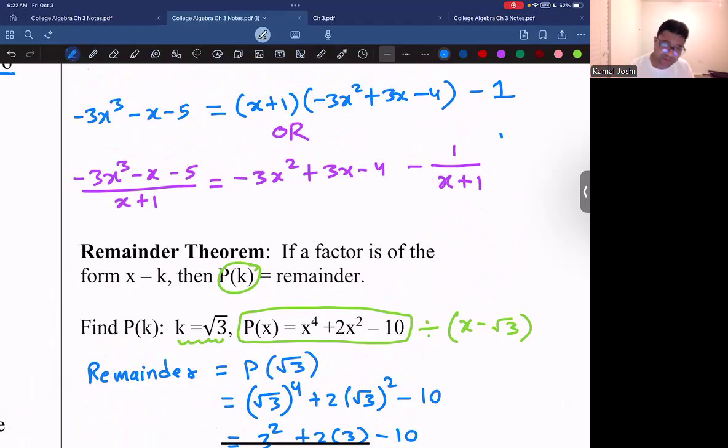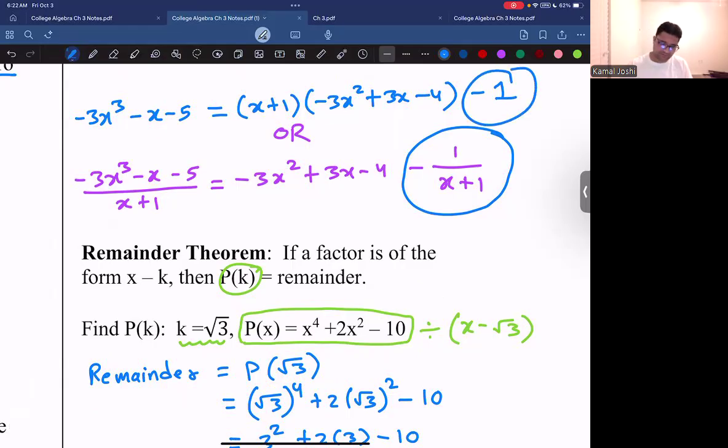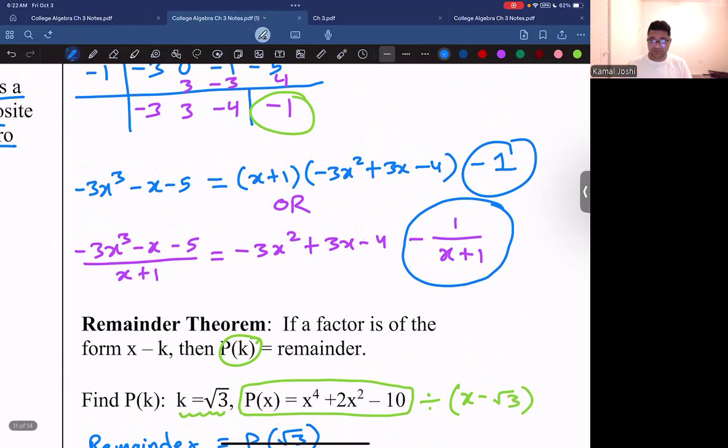Hypothetically, if the remainder was 0 instead of minus 1, then you would have written that left side polynomial as x plus 1 times the quotient without any remainder. That means that x plus 1 is a factor. Like you basically factored it. If the remainder is 0, what we're getting here is a factorization, right?